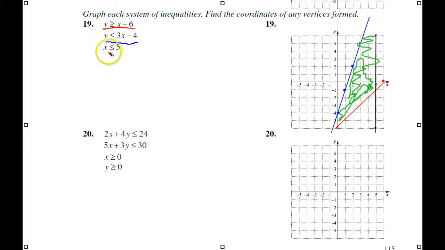And I did our last vertical line in black. Now, this is the shading area, and you see there is a corner point right there, or a vertex, and that looks like it would be 5, comma, -1.